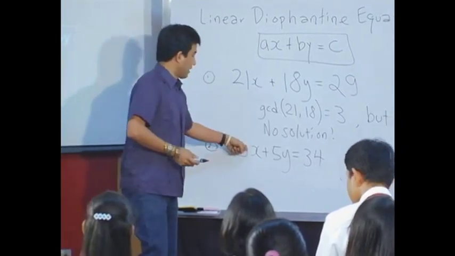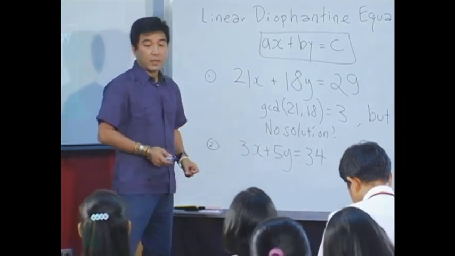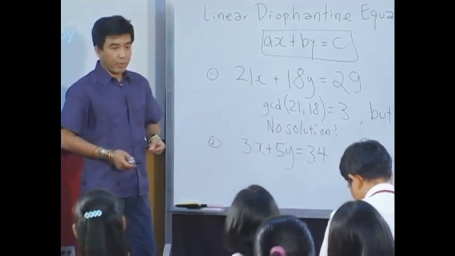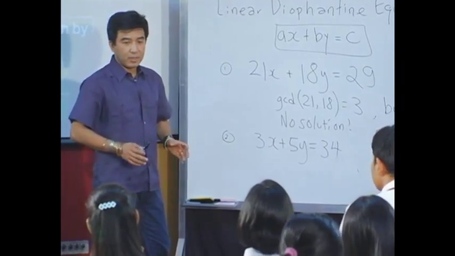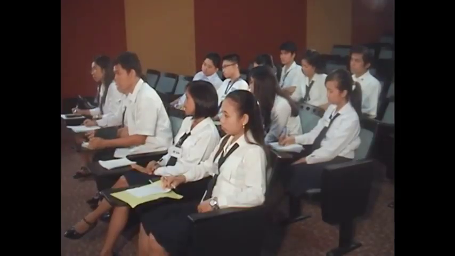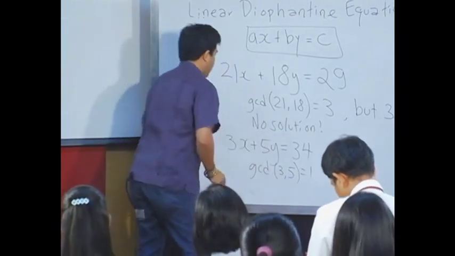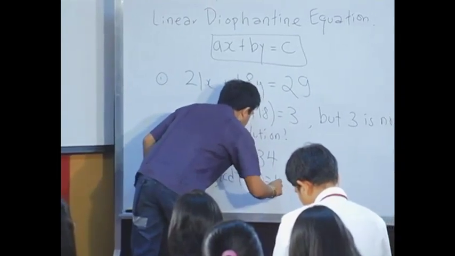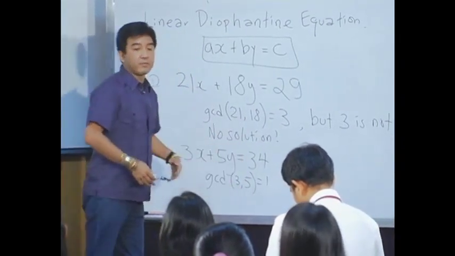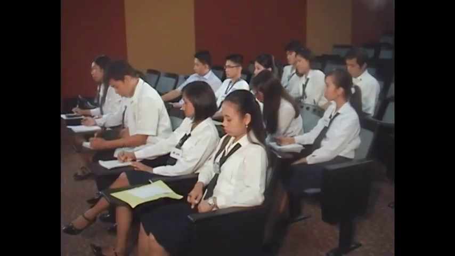And every time the GCD is 1, every time the coefficients of x and y are relatively prime, then we always have solutions, because 1 divides anything. So the GCD of 3 and 5 is 1. And therefore, 34 is divisible by 1, so there are infinitely many solutions. Okay?